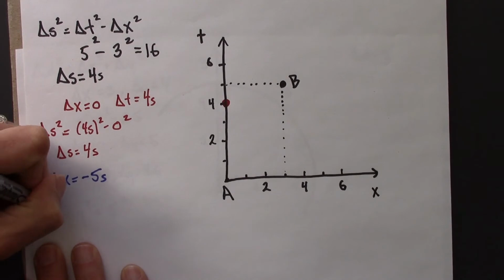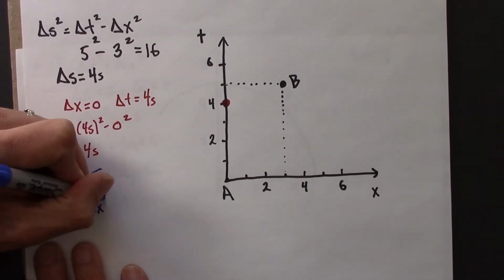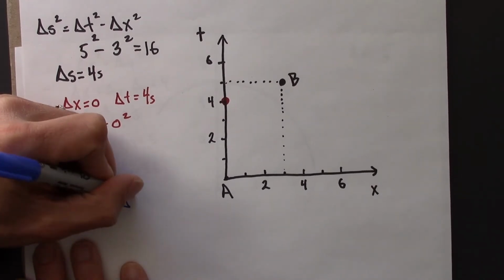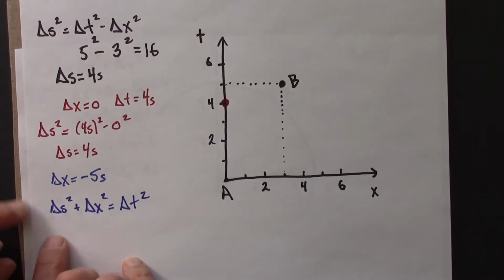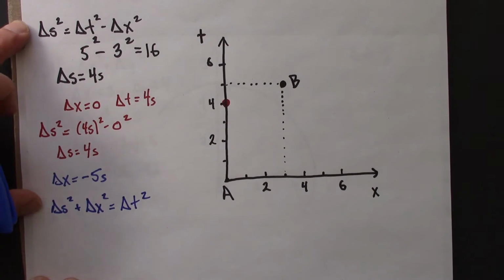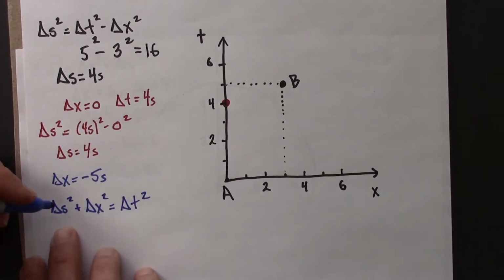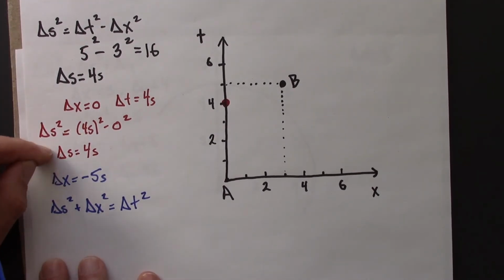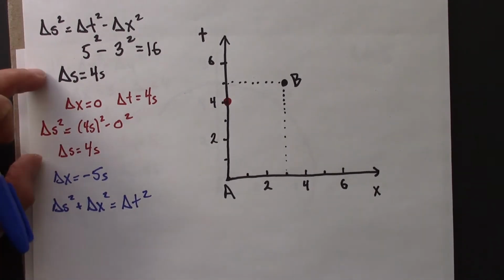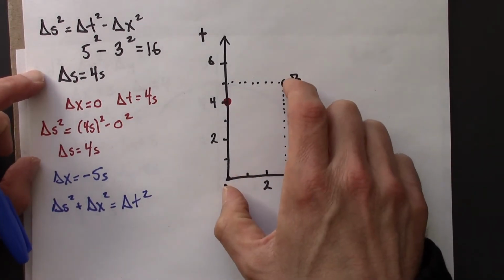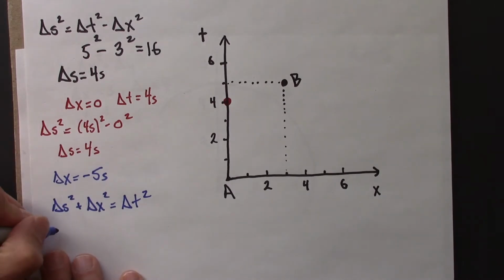So delta s squared plus delta x squared is delta t squared. This is just the metric equation rearranged. And then I know delta s has to be 4, because delta s is always 4. Observers will always agree on the spacetime interval.